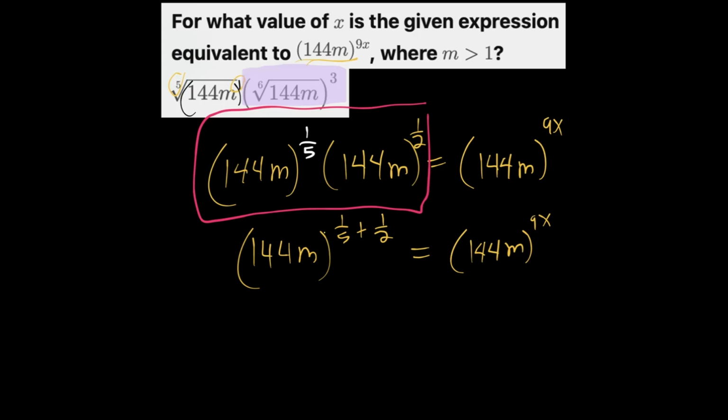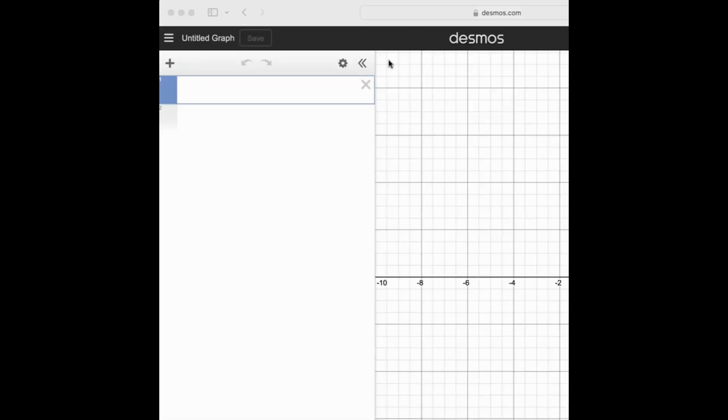Now, I definitely think you should be able to find like denominators and add this on a paper. But in the interest of being able to handle harder questions, let's show you how to add these fractions and get your answer in fractional form using Desmos. So here we are on the Desmos graphing calculator, and I'm going to go ahead and enter 1/5 plus 1/2.